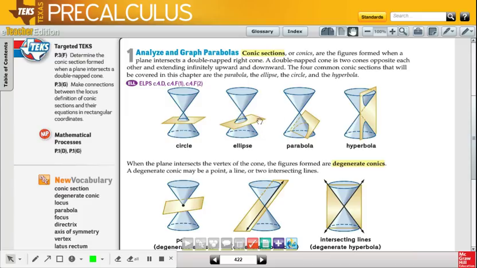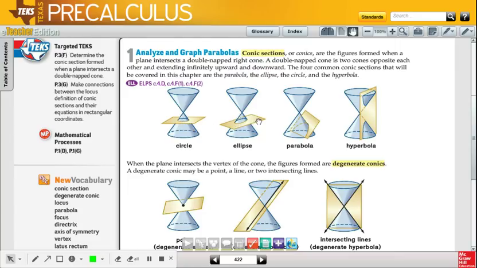And I'm not going to require you to have these pictures in your notes, but it's an illustration of what it will look like on a graph. Here, when it's talking about the plane, it's talking about the beige rectangular plane that you can see right here within the picture that is intersecting or cutting through the cones. So the way you see this plane intersecting the cones, it will represent the circle in the middle where it's cutting through.